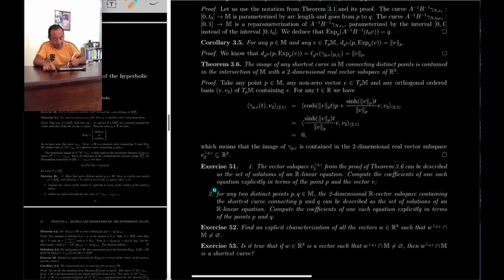Okay, and then the exercise is to compute the two-dimensional vector subspace containing that shortest curve explicitly in terms of P and Q. That is to compute explicitly the coefficients of the linear equation defining that subspace in terms of P and Q. So that one can actually write a program that gives P and Q as input, and as the output gives the coefficients of the linear equation.